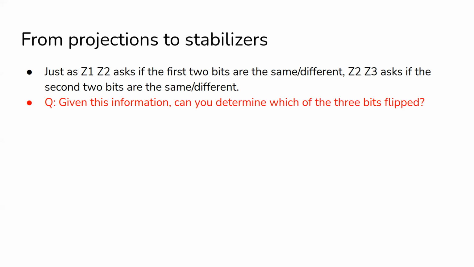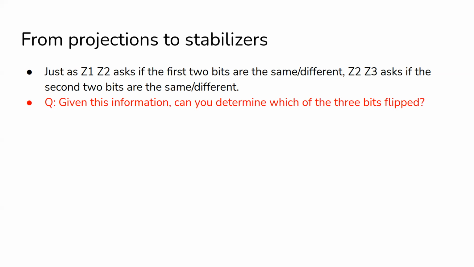So Z1 Z2 will ask if the first two bits are the same or different. And similarly, Z2 Z3, just shifting the index, will ask if the second two bits are the same or different. I'm still thinking about the repetition code, 3 total qubits, doing Z on the first two and then Z on the second two.